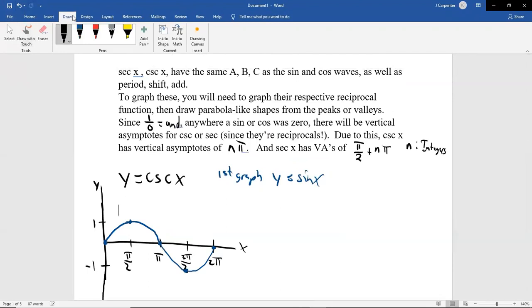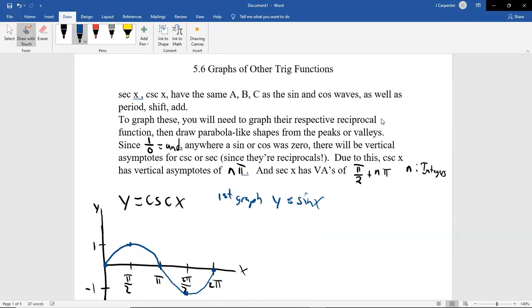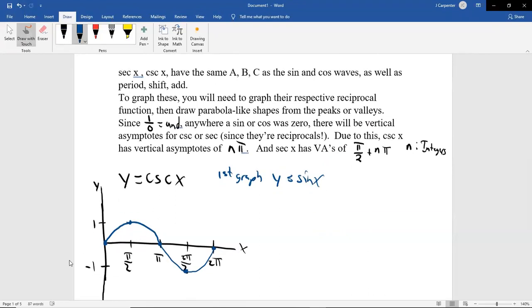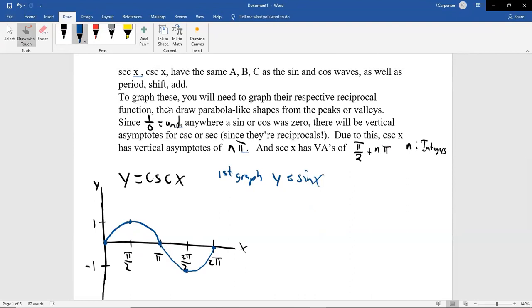XY axis. There we go. So to graph these, you'll need to graph their reciprocal function. Cosecant and sine are reciprocal, so I graph that first. Then what you do is you draw parabola-like shapes from the peaks or valleys, and you'll have asymptotes on every multiple of n pi. So the vertical asymptotes are wherever this original thing was 0.